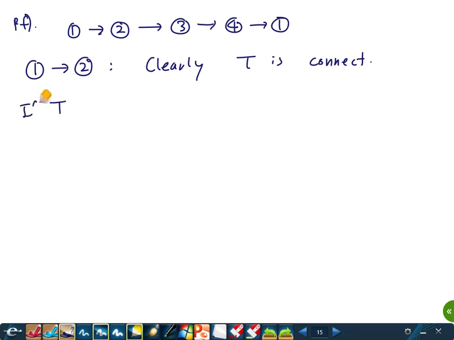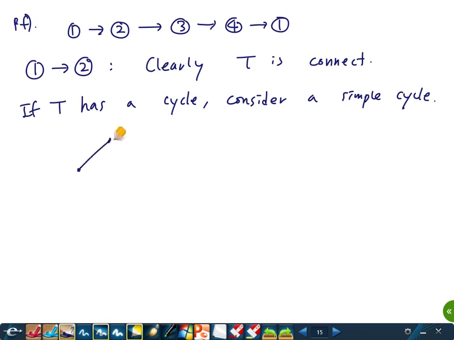If T has a cycle, consider a simple cycle. Simple cycle means we don't have any repeated vertices. It's possible that it's like that, right?